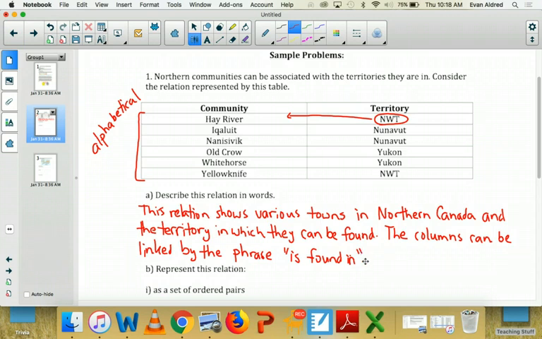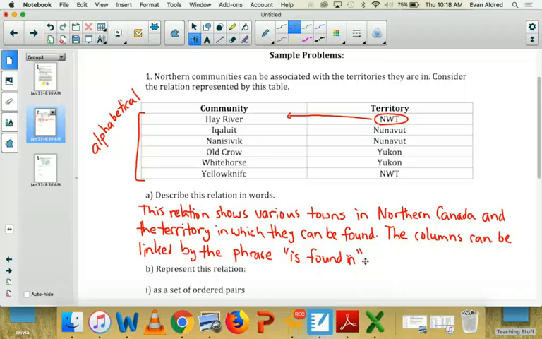And all that last sentence is doing is saying that if we want to link the left-hand column to the right-hand column and have it read like a sentence, we could use the linking phrase is found in. So if we take the top row, for example, we would say, Hay River is found in Northwest Territories. Iqaluit is found in Nunavut, and so on.